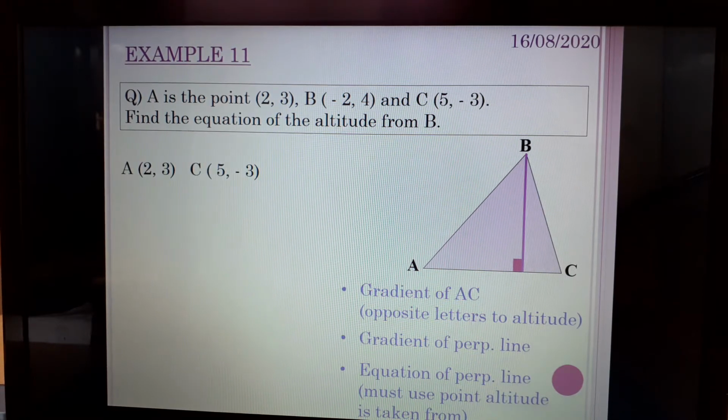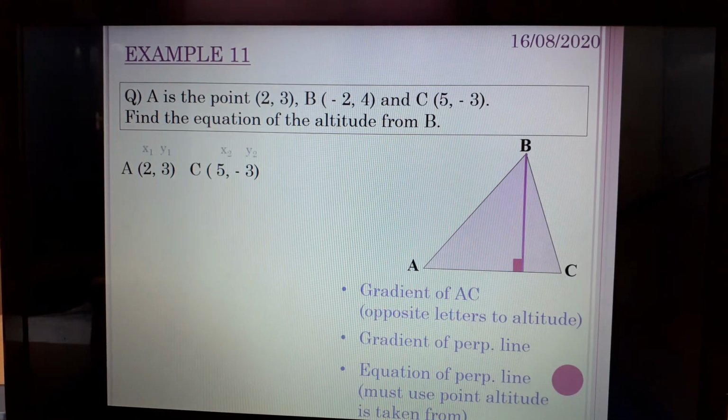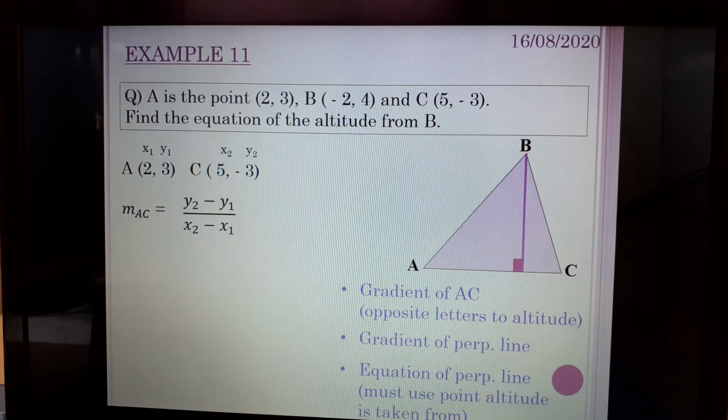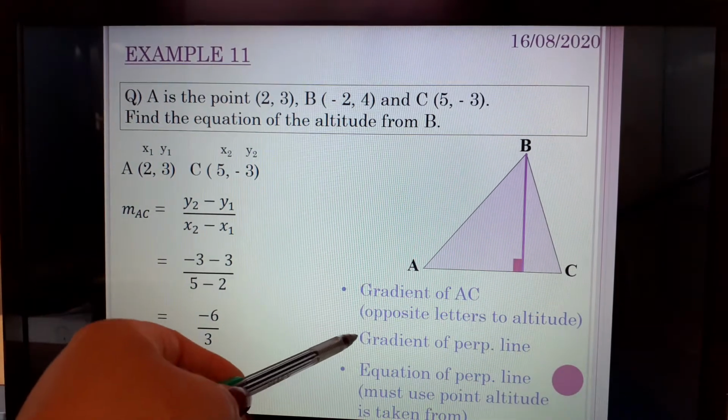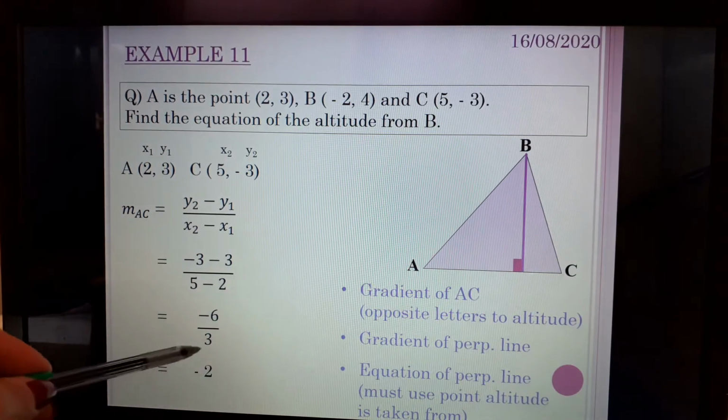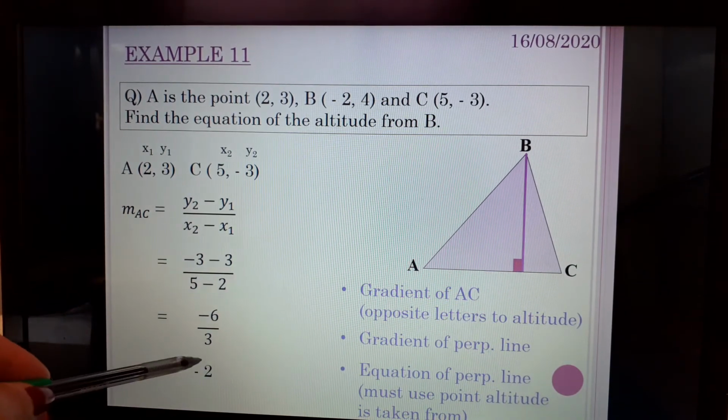Okay, so we've got our coordinates here. Let's find the gradient. So we've got -3 and 5 - 2. So -6 over 3 is an overall -2. Now we're going to have to find the gradient of the perpendicular line. Now remember, that's a whole number, -2.